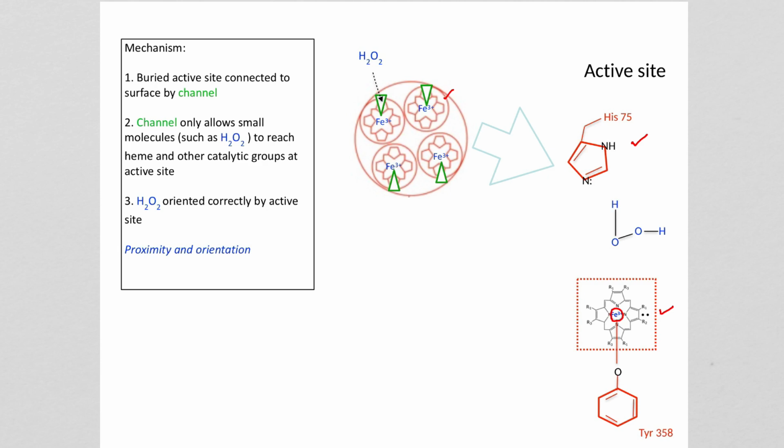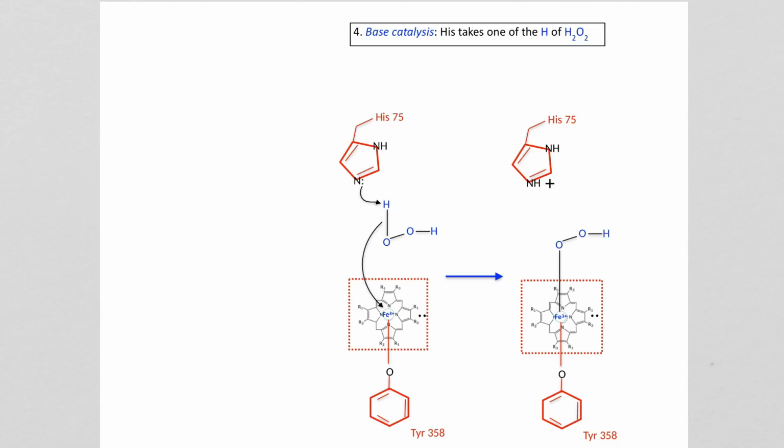And this heme is connected to tyrosine. So once hydrogen peroxide diffuses to the active site, this histidine 75 acts as a base and takes away this hydrogen, making the histidine positively charged.